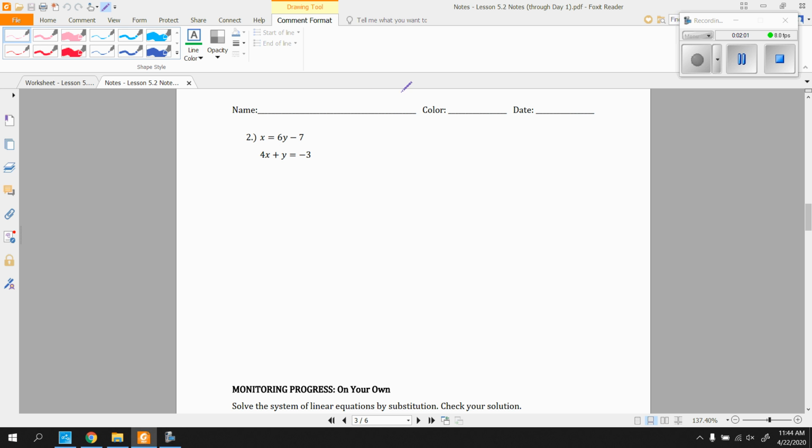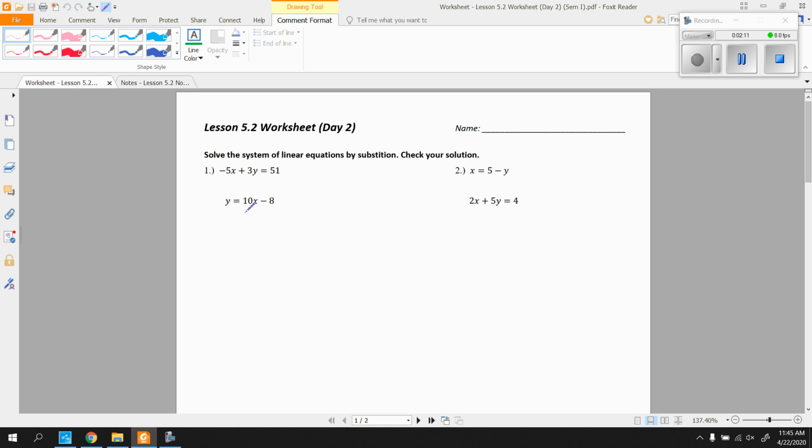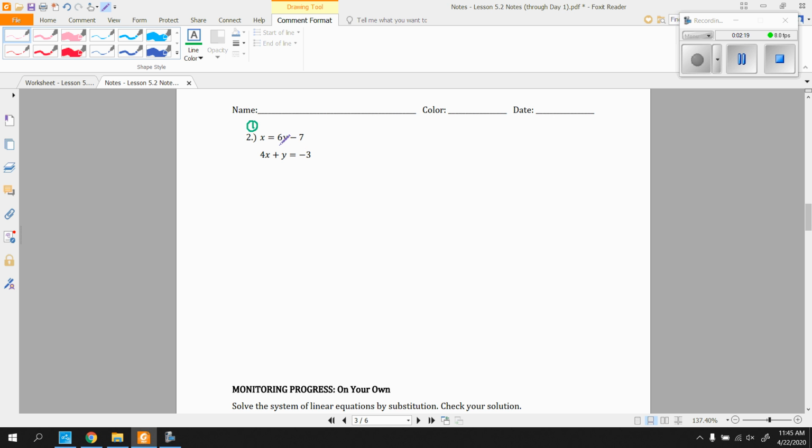On this first one, our step 1 is already done for us. There is an x already by itself on one side of the equation. That's the exact same as these homework problems. You've got a y by itself, and we've got an x by itself. It doesn't have to be x, it doesn't have to be y, it's just one of the 4 variables. Okay, so step 1's done.